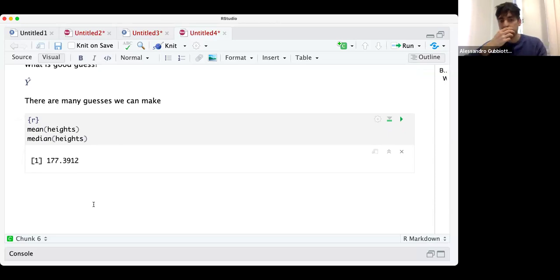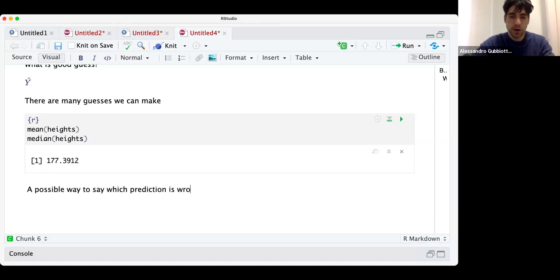So the idea, one possible way to decide which prediction is better or worse, is to define a penalty that makes you pay if you are wrong. So how much do you pay if you're wrong?